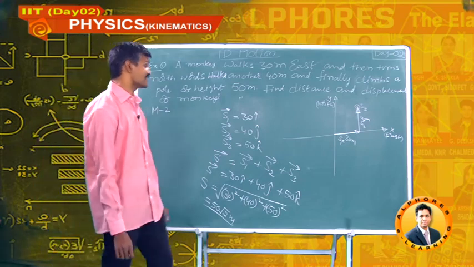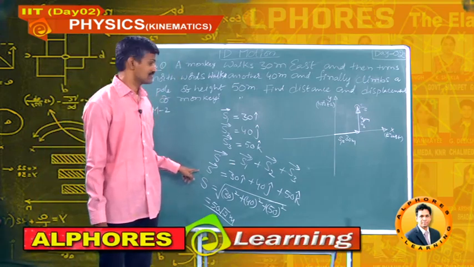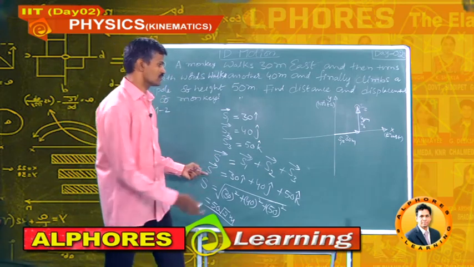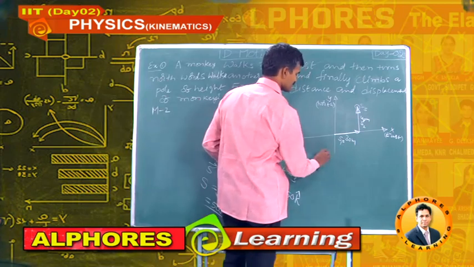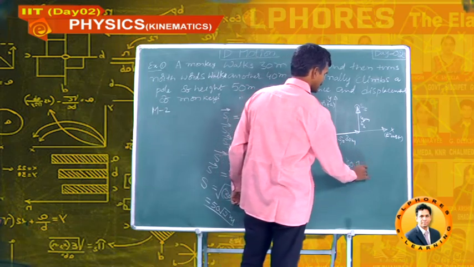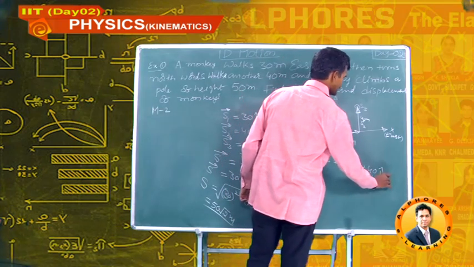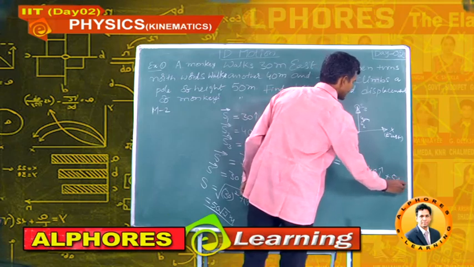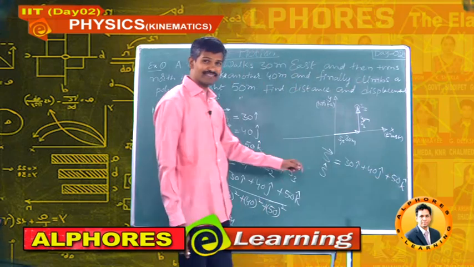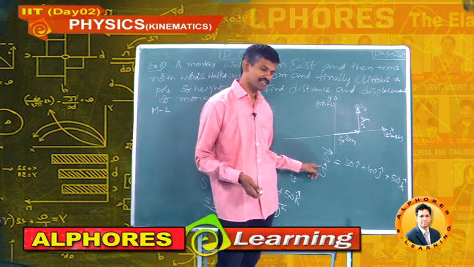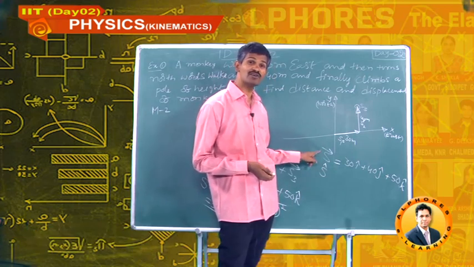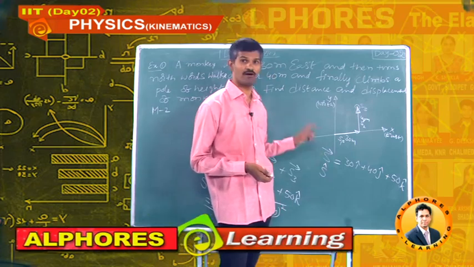Now, what is the direction of this displacement? The direction is given by the unit vector of this displacement vector. So the displacement vector S bar is 30 i cap plus 40 j cap plus 50 k cap. What is S cap? S cap is a unit vector in the direction of S bar, so S cap gives the direction of this displacement in vector form.